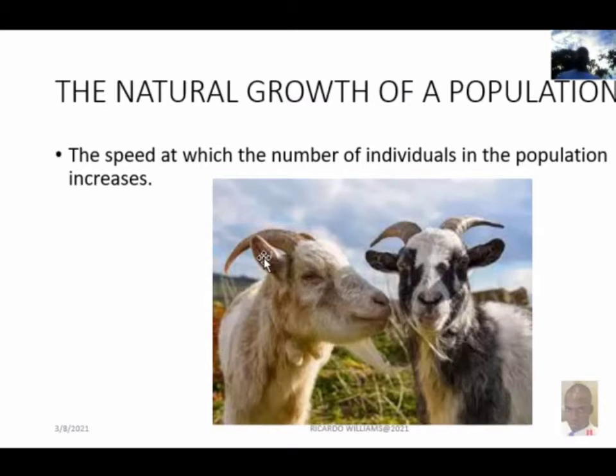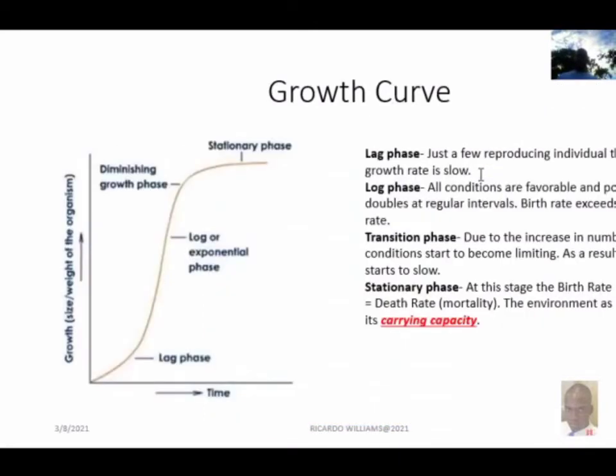So at the beginning, in the earliest stages, you have very few organisms. So you have 1 male goat, 1 she goat. The rate at which they will increase their population is dependent on how long the she goat takes to produce a new organism, and how long that organism takes to reach reproductive age so that they can breed and reproduce again, and then the numbers will start to increase.